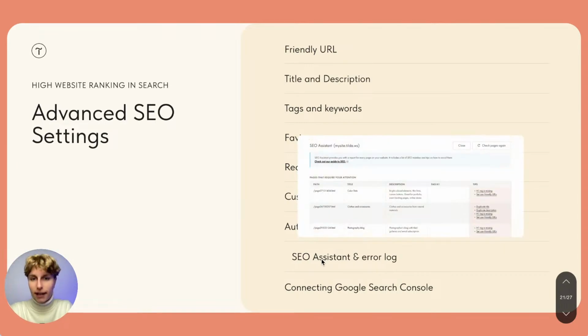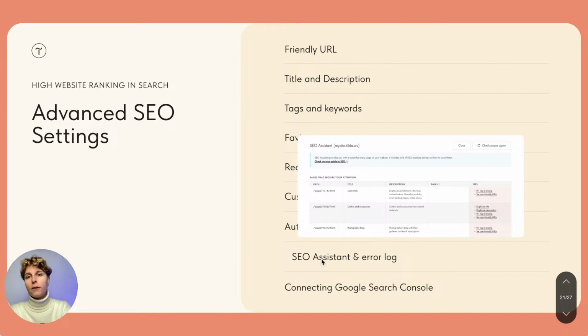SEO Assistant is a cool feature. It's a tool, basically, that works as if you have a virtual assistant. So basically you go there to check if any errors of the SEO settings are there for your project, and then you click on the link and you get to the little guide that explains how to fix this error.